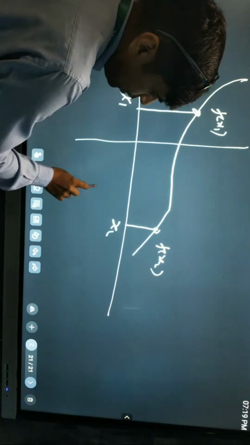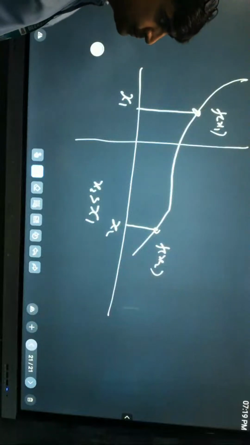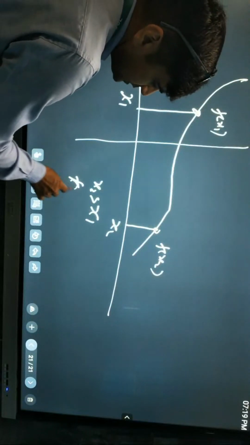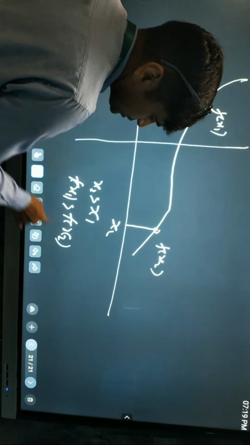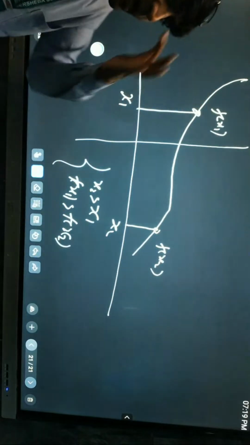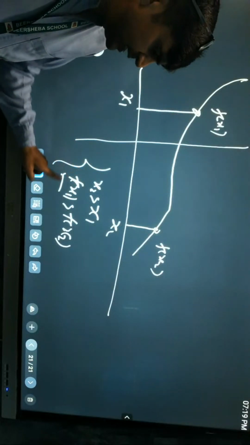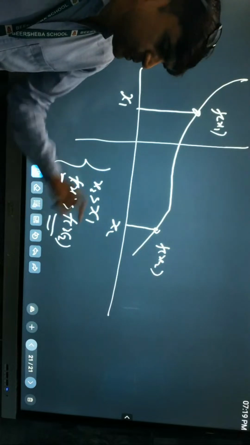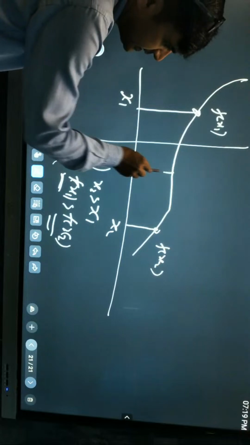We see from the graph x2 तो greater than x1, but functional value at x1 greater than functional value at x2 बच्चों. And we take another 2 points.